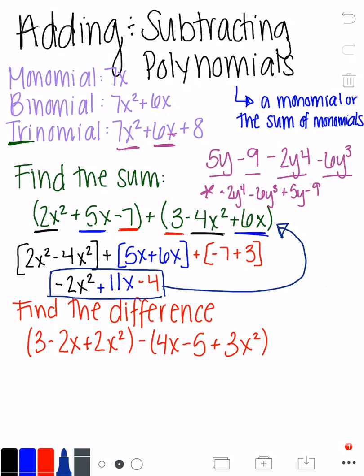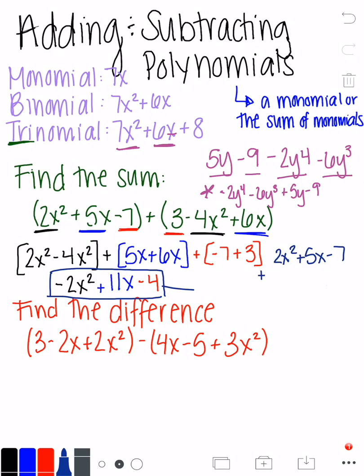We could also line them up on top of each other and add from there. If you're doing that, I would align like terms in the first column. So that would look like this. I would do 2x squared plus 5x minus 7.